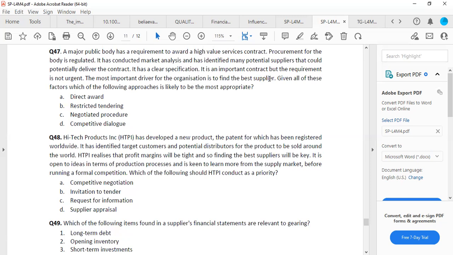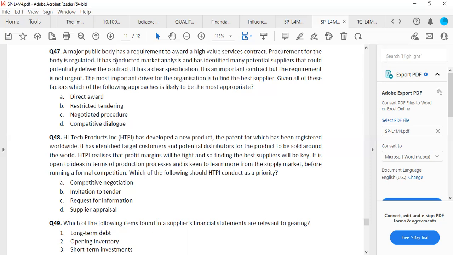It is an important contract, but the requirement is not urgent. The most important driver for the organization is to find the best supplier. Given all of these factors, which of the following approaches is likely to be the most appropriate? Direct award, restricted tendering, negotiated tendering, competitive or negotiated procedure, competitive dialogue.